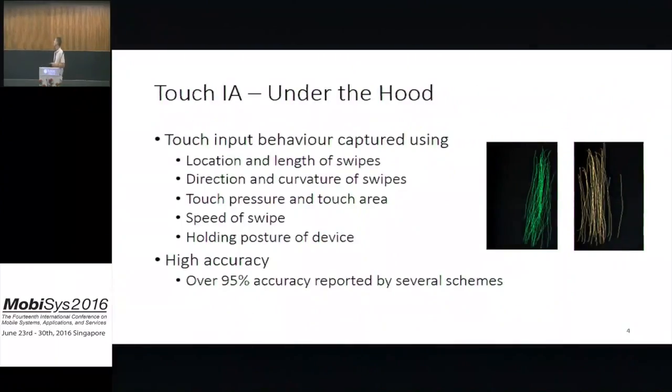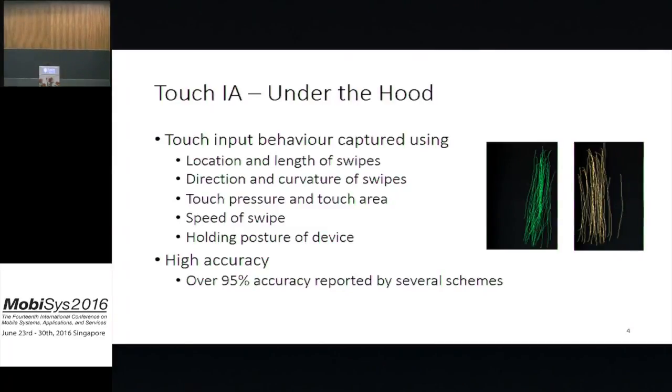The way these schemes work under the hood is you run the touch IA scheme on the phone and record while the user is swiping, and then you derive various features from these swipes. For example, the location, the length of the swipe, direction, curvature, and so on. Some of the schemes even look at other things, like the way you're holding the phone while you're swiping.